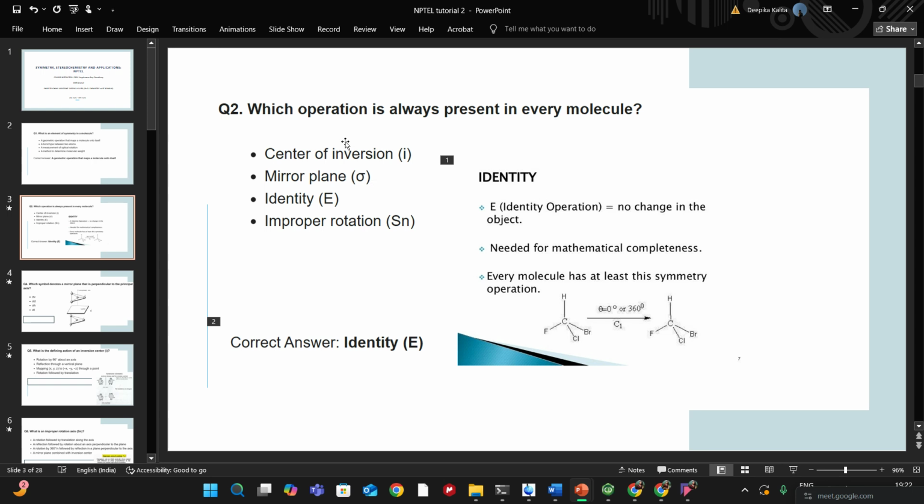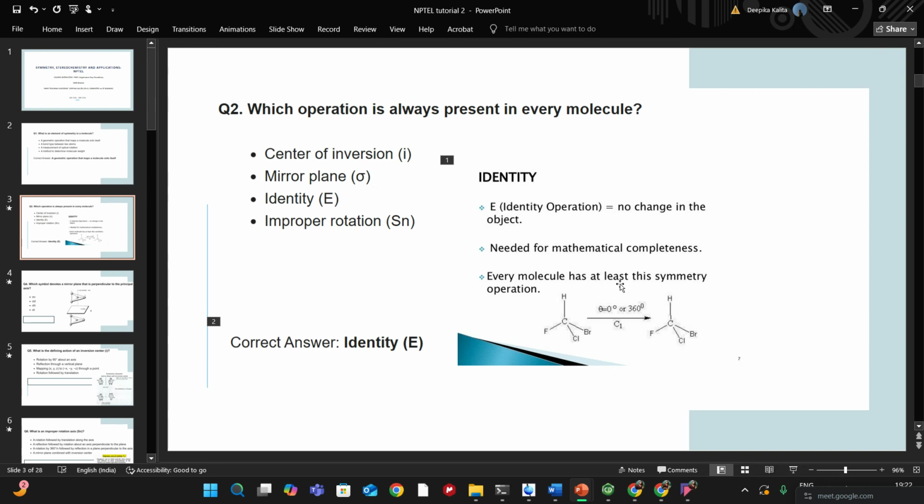So let us see what this question is talking about. Which operation is always present in every molecule? So there is this one symmetry element which is called identity, which basically means no change in the object, and in all molecules, irrespective of it being a symmetrical molecule or an asymmetrical molecule, it will always contain the symmetry element which is called identity.